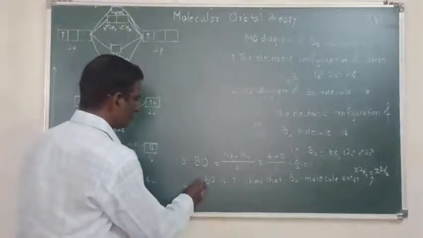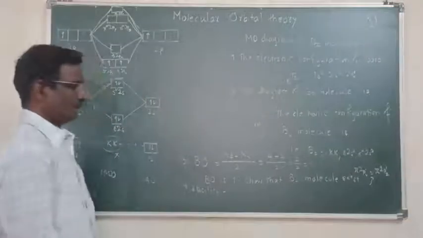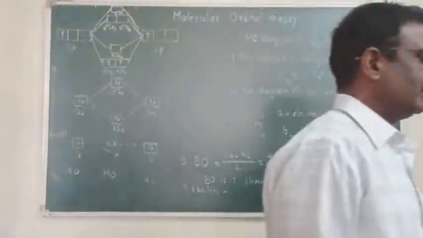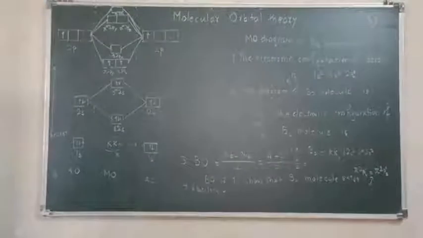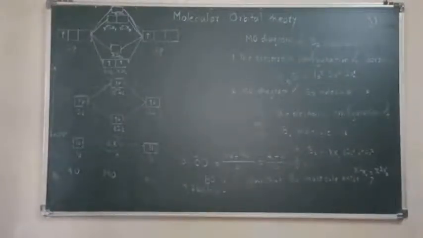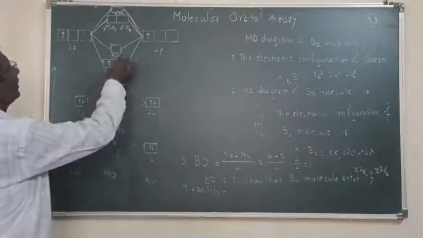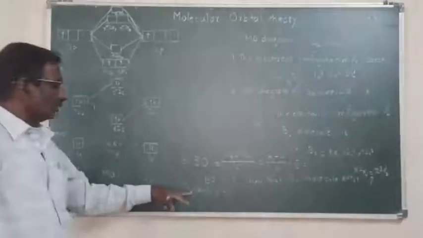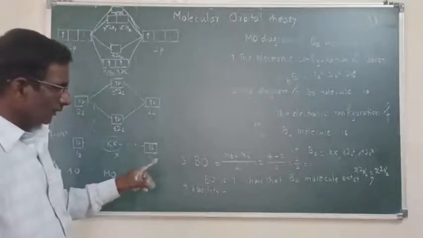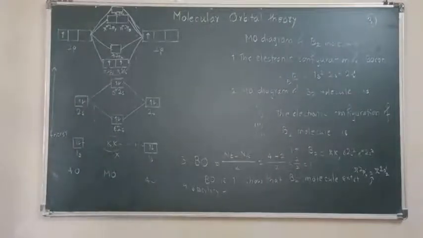Then stability. If the bond order is 1 or greater than 1, then the molecule is stable.